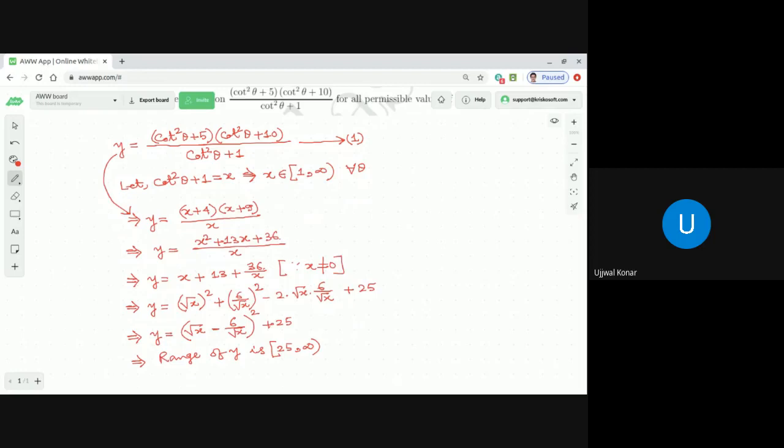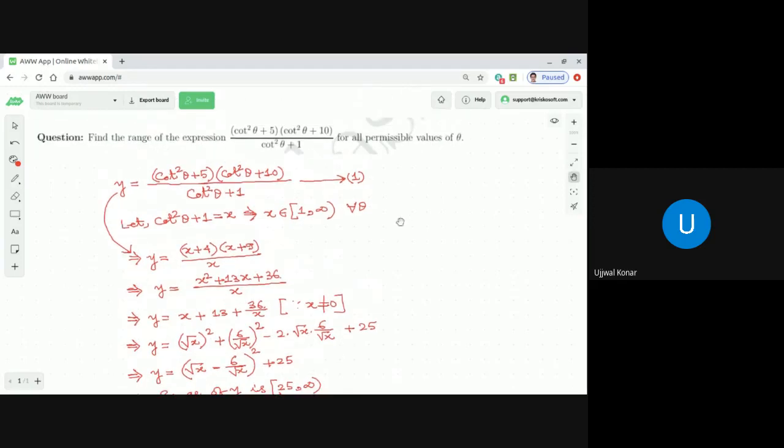And you see how well we have derived it by means of the substitution cot square theta plus 1 equal to x. The given expression was a trigonometric expression, and from there we efficiently transformed it into an algebraic one.